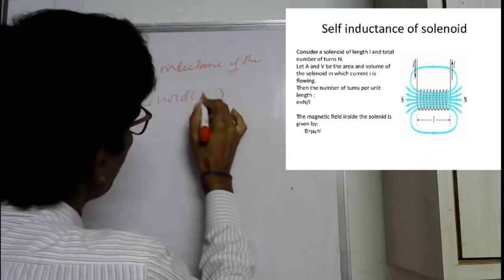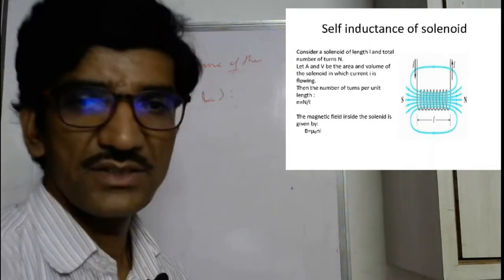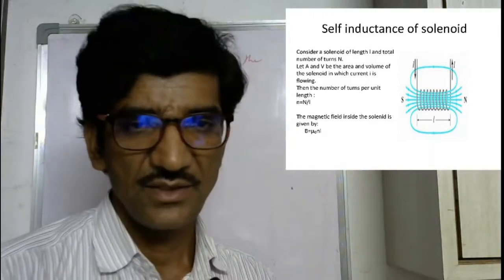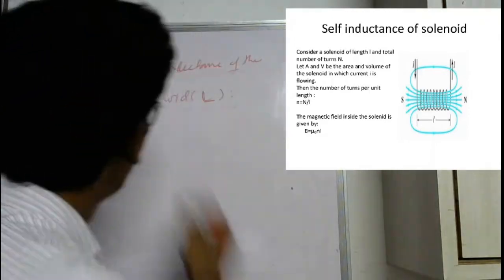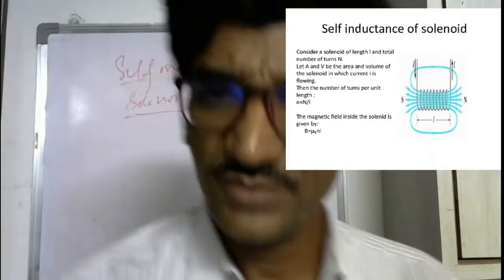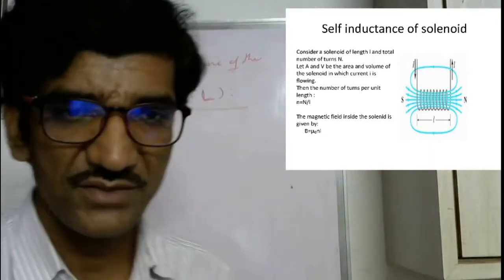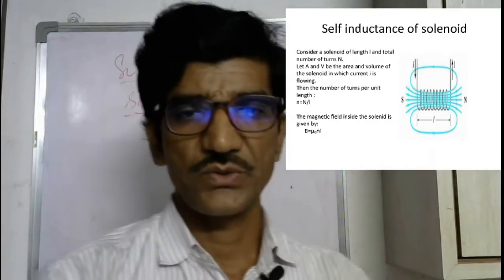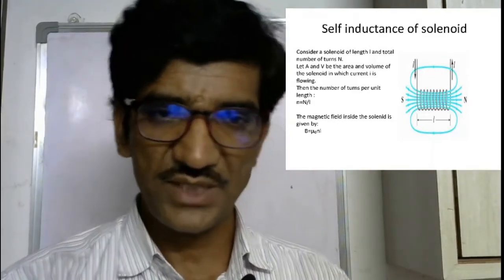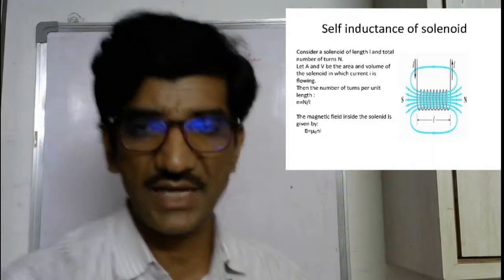You are trying to calculate L of the given solenoid. You know what a solenoid is? It's a coil, a long coil. We always take an ideal solenoid, so our discussion will be simple. In this case, the magnetic field inside that solenoid is known to us. We have already derived the expression for that.